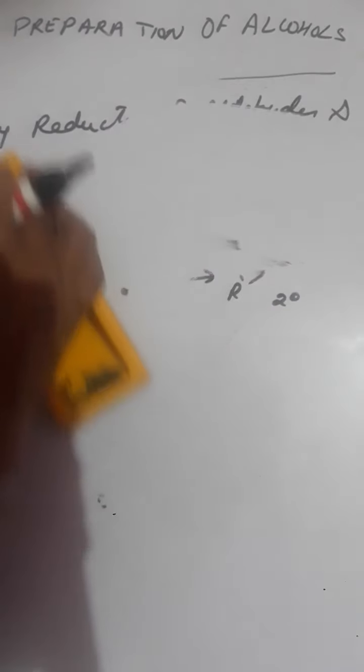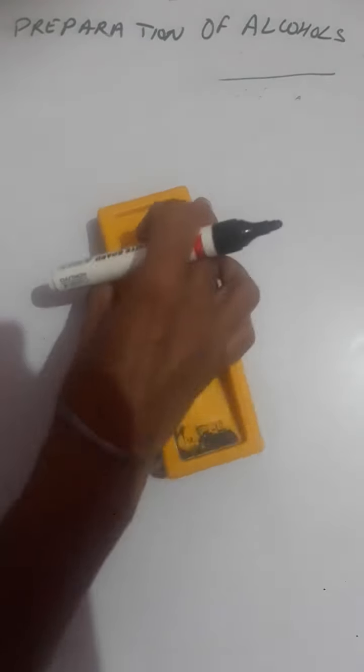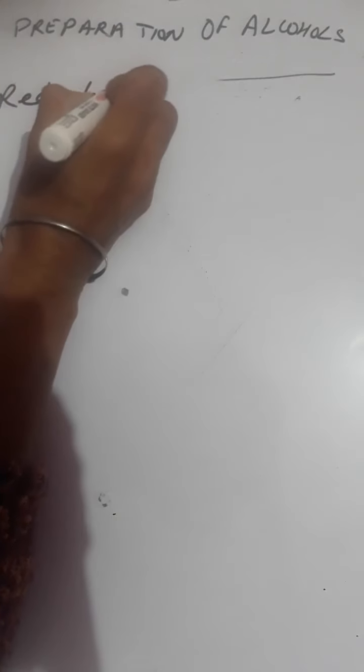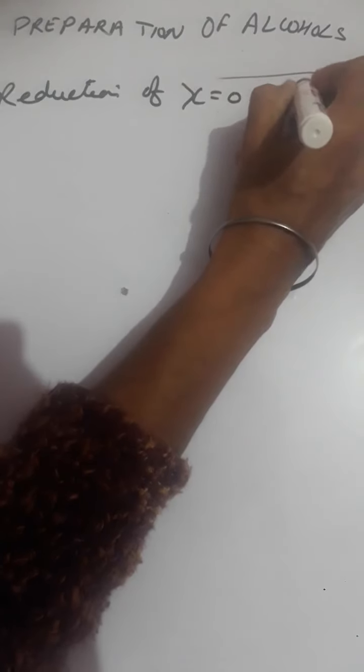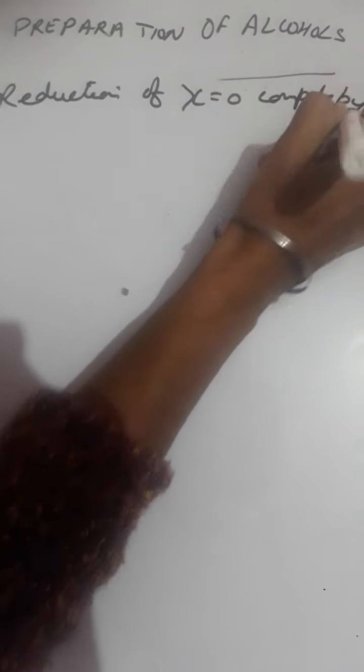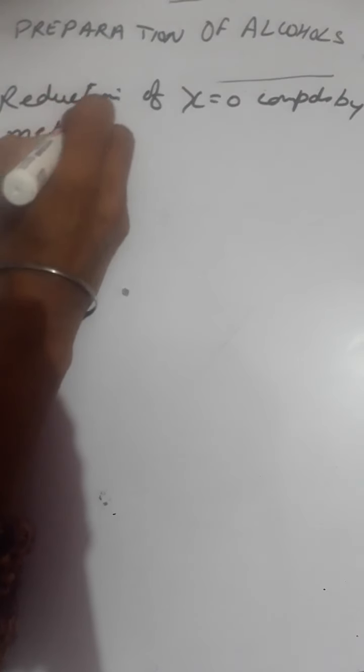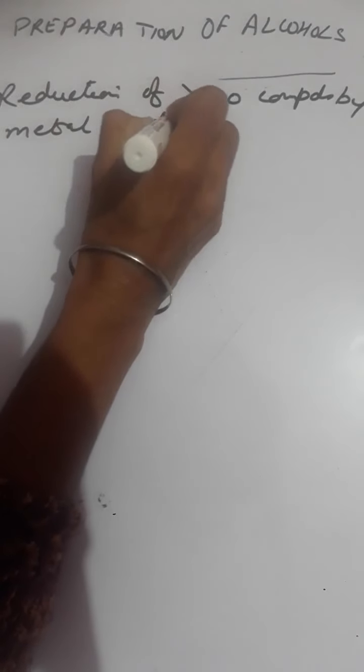Next is the reduction of the aldehydes and ketones by metal hydrides. Let's write the carbonyl compounds by metal hydrides. Look how.